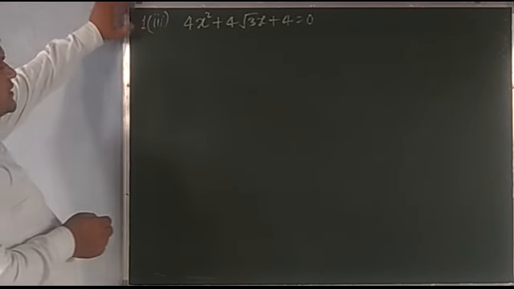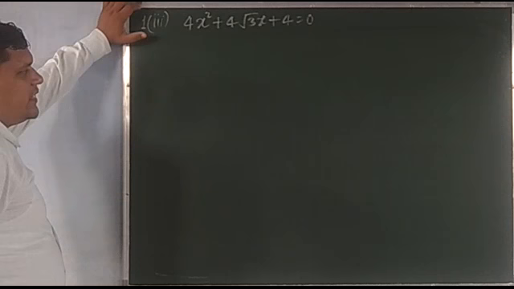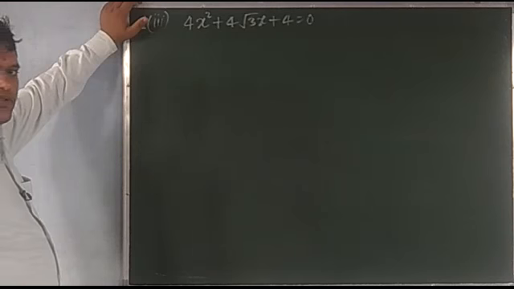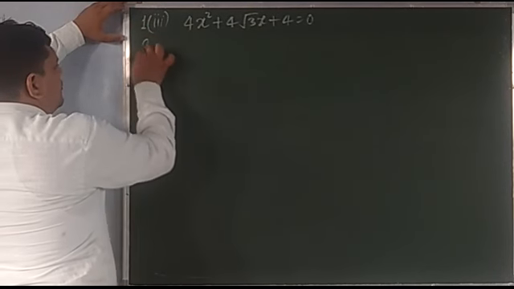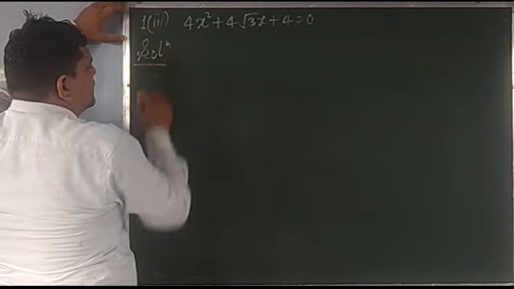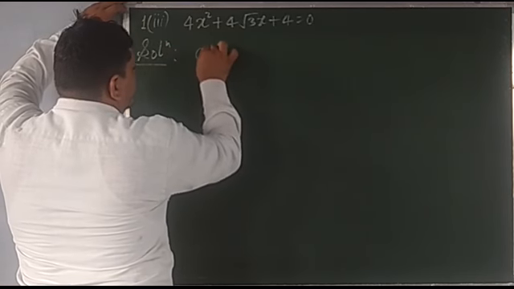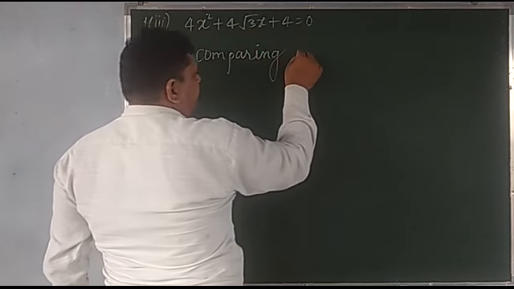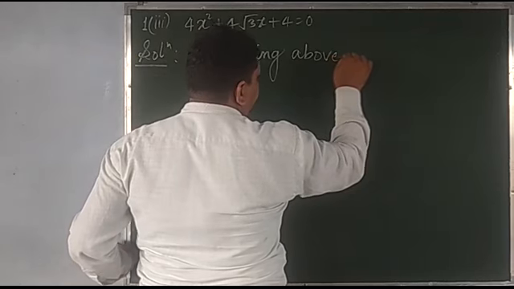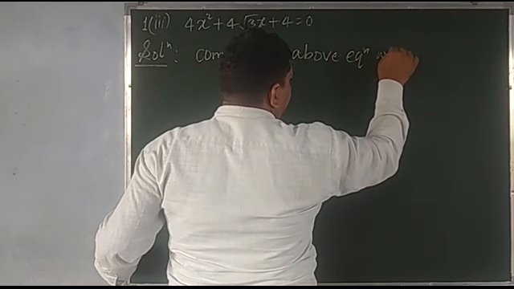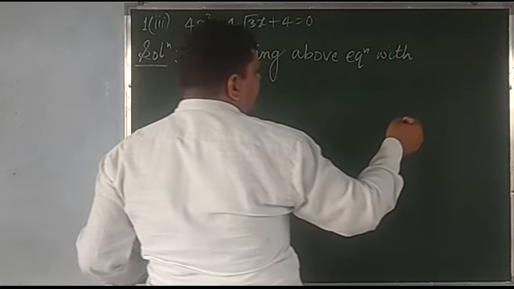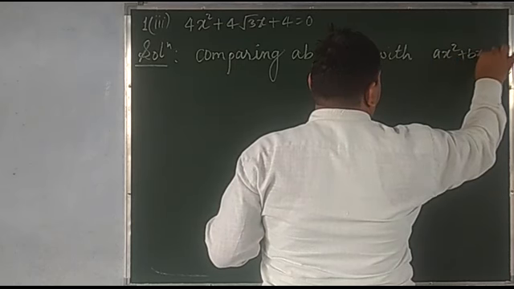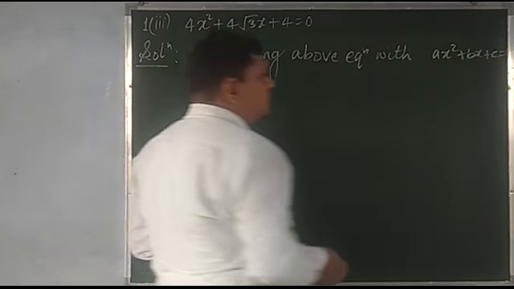And now the third part is 4x square plus 4 under root 3 x plus 3 is equal to 0. Now look at its solution. First of all, we will compare the above equation with the standard quadratic equation, that is ax square plus bx plus c is equal to 0.